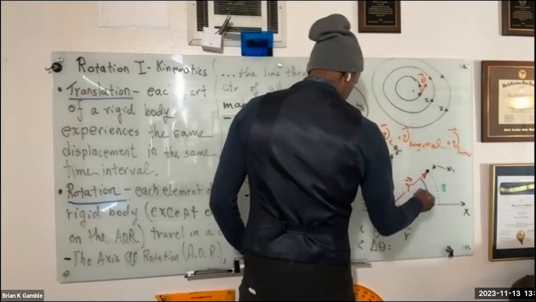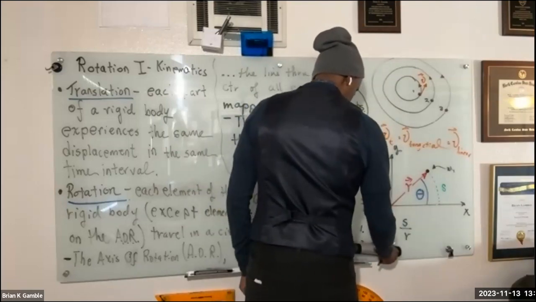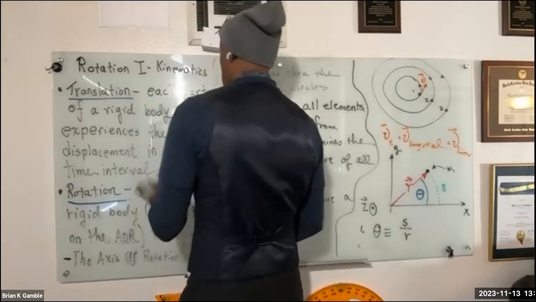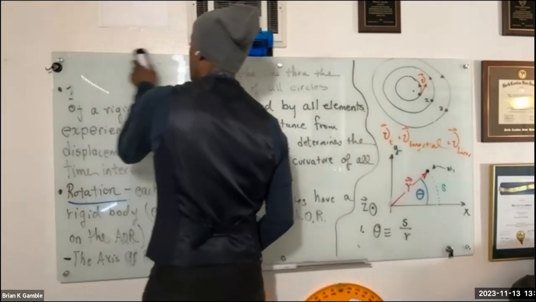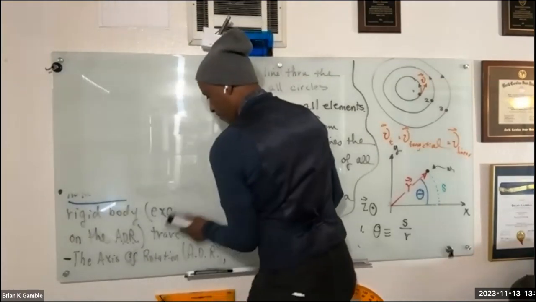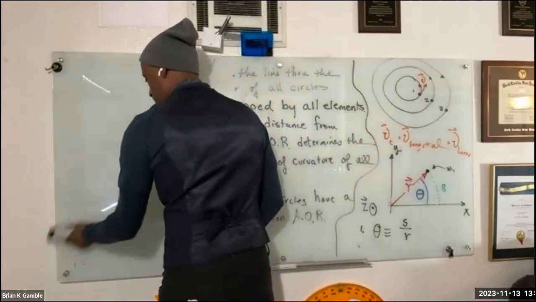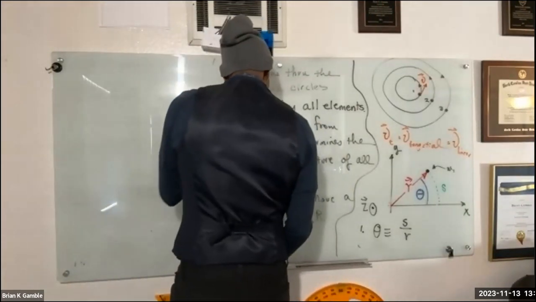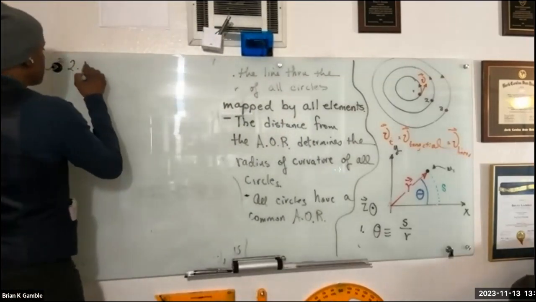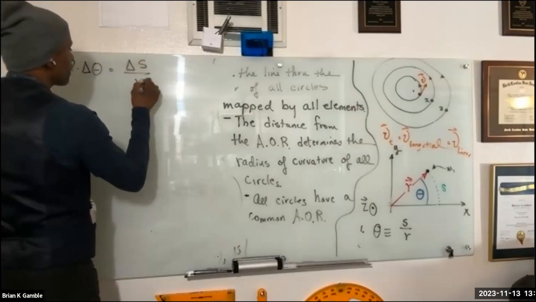Here I'm assuming that theta is 0. Delta theta is equal to delta S over R.